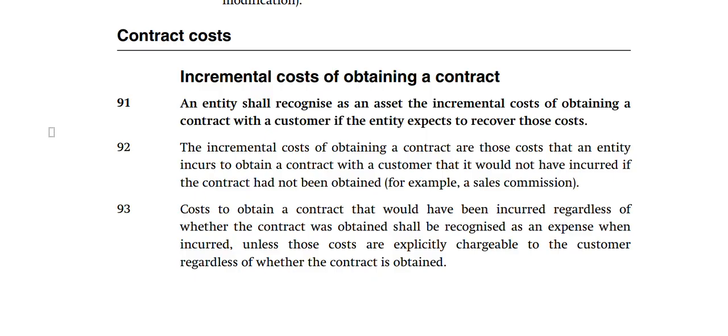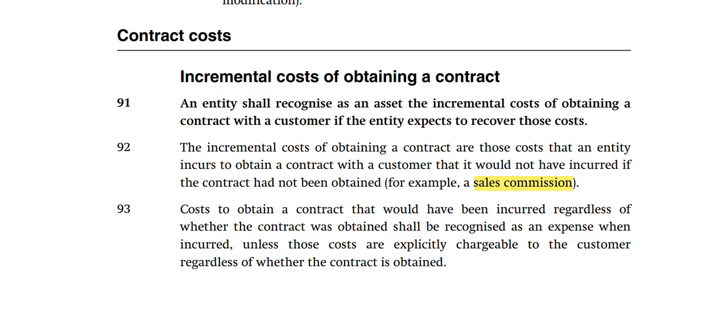Costs of obtaining the contract that would have been incurred regardless of whether the contract was obtained shall be recognized as an expense when incurred, unless those costs are explicitly chargeable to the customer regardless of whether the contract is obtained. So when you're talking about incremental costs, one example will be the sales commission.